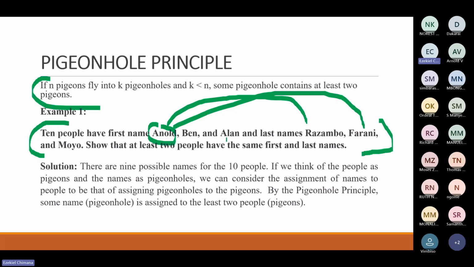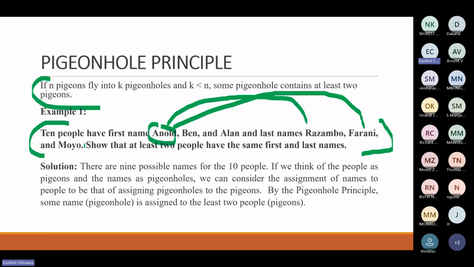We can have Alan Razambo, Alan Farhan, and Alan Moyo, which makes 9. Do we still have any other combination without repeating those names? Arnold is paired with everything, Ben is paired with everything, and Alan is paired with everything. So we've got 9 people with different first and last names, the ones you can uniquely identify.